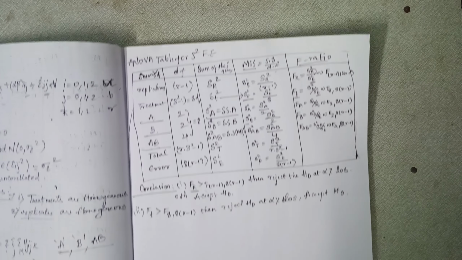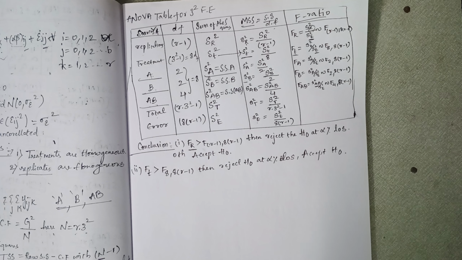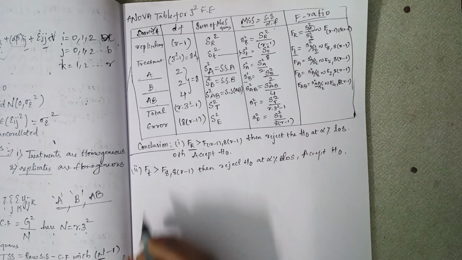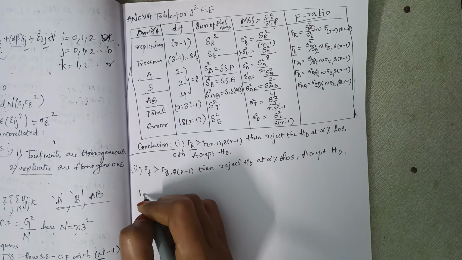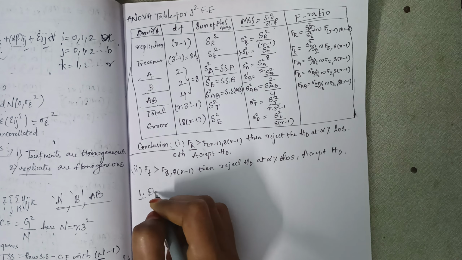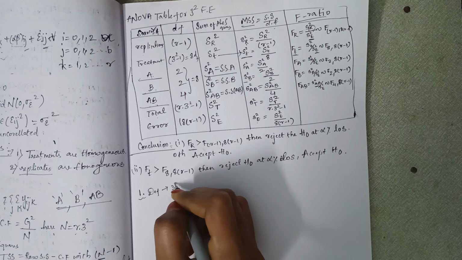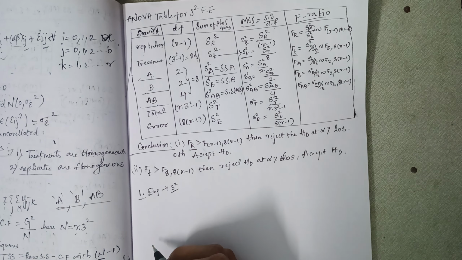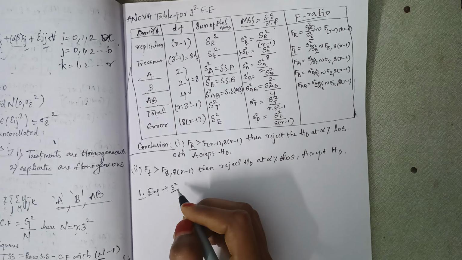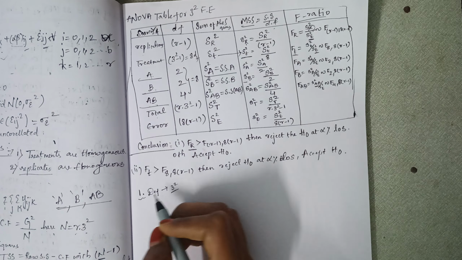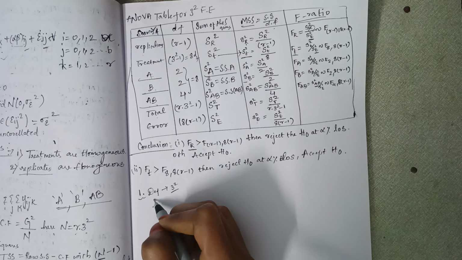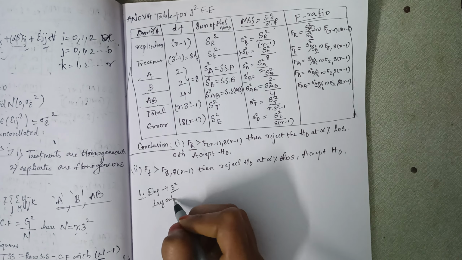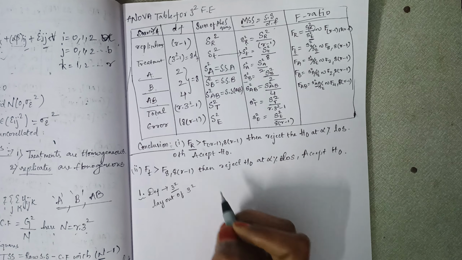So what we have done for the 3 square factorial experiment, let us see in a summary. First, we have defined the 3 square factorial, and after defining it, we checked what the treatment combinations or the layout of the 3 square factorial experiment are.